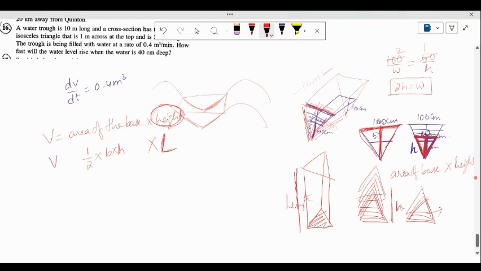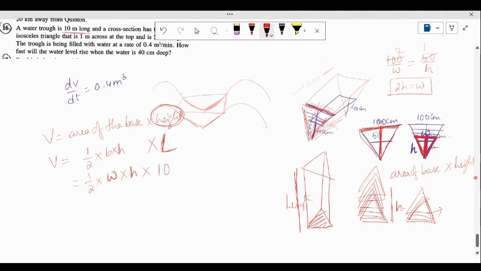So half into base. We are taking the base as W, and height is H only, into L. L is already given, that is 10 meters long, so write it as 10 meters.